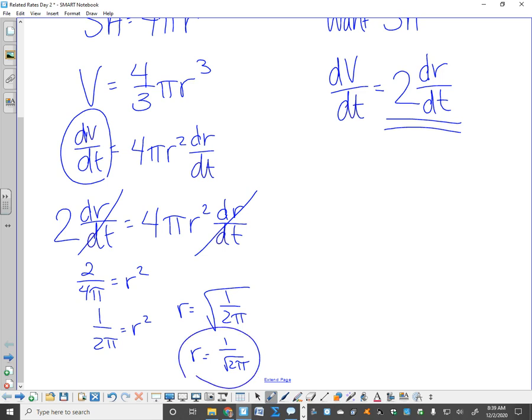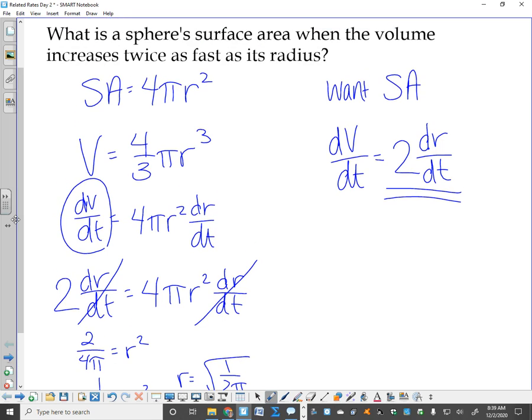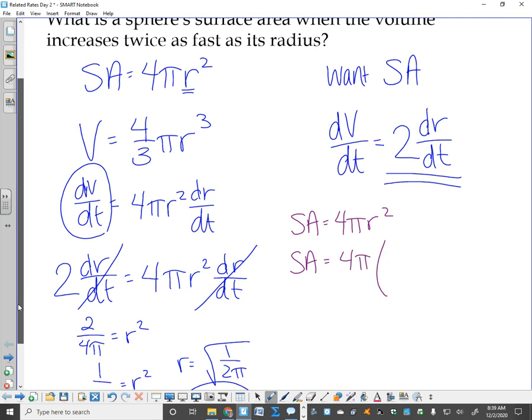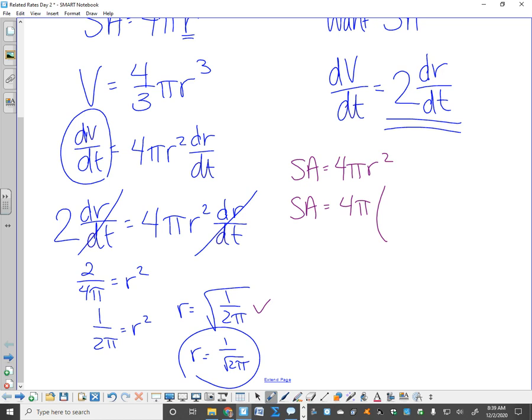All right, well, let's think about what I wanted. I wanted SA, I wanted surface area. Well, to get surface area, all I do is I need to know r. So now I can take surface area, 4 pi r squared, and I can plug in my r, and either one is fine.